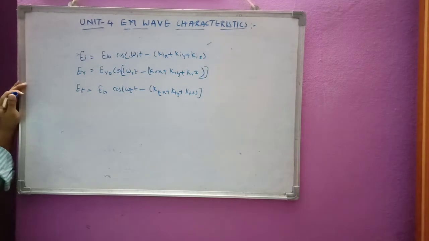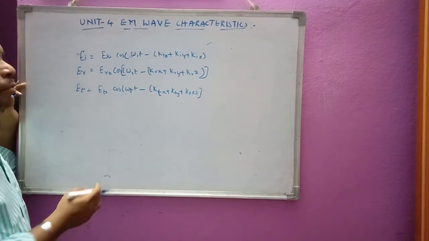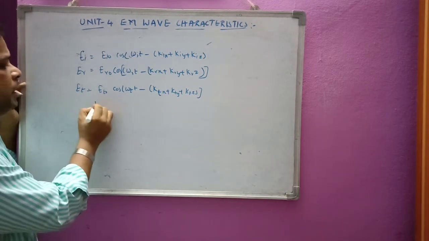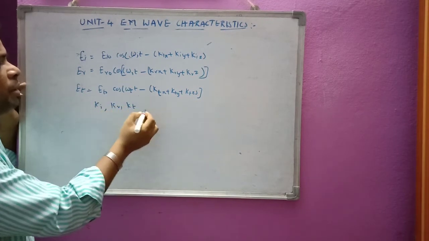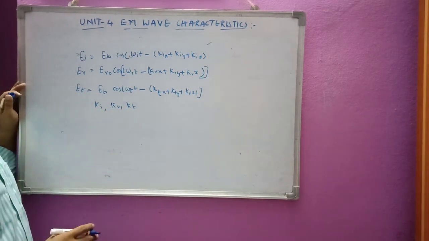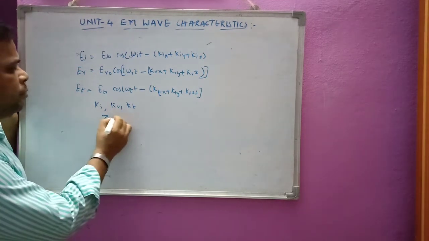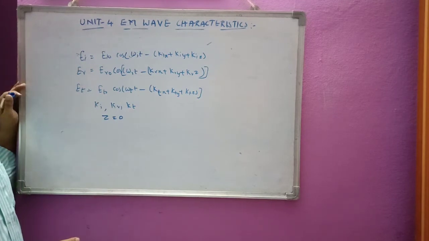Now after writing this, ki, kr and kt are the normal and tangential components which we have seen in the diagram. Okay, now at the z is equal to 0 boundary interface, we know that E and H are continuous at the boundary interface.